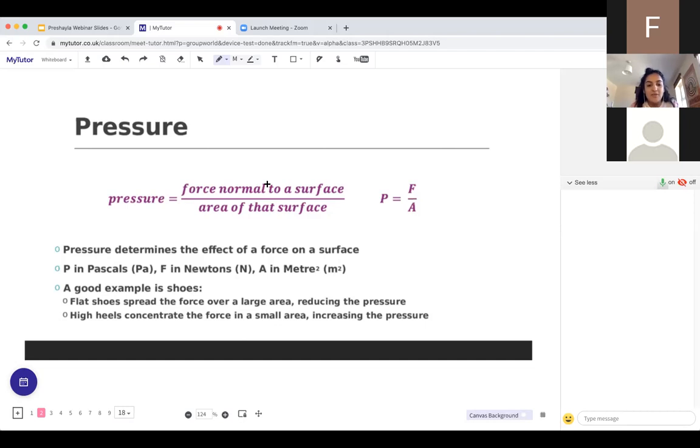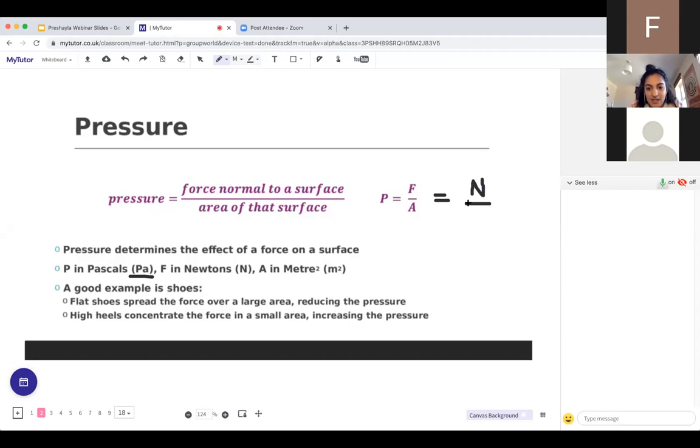So pressure determines the effect of a force, but what is pressure measured in? Pressure is measured in pascals. Pascals is a special term that we give to newtons per meter squared. Force we know is measured in newtons.